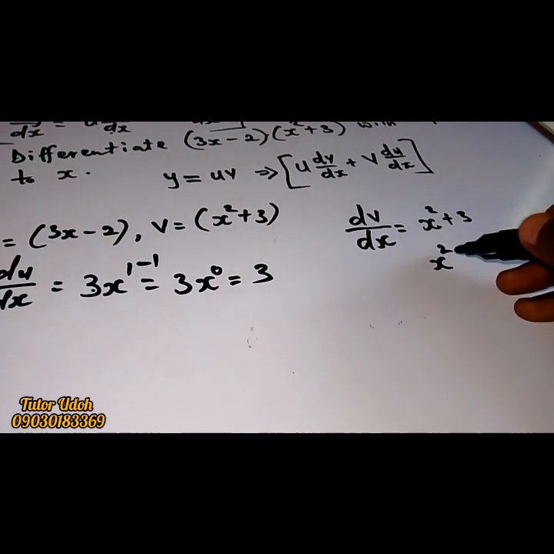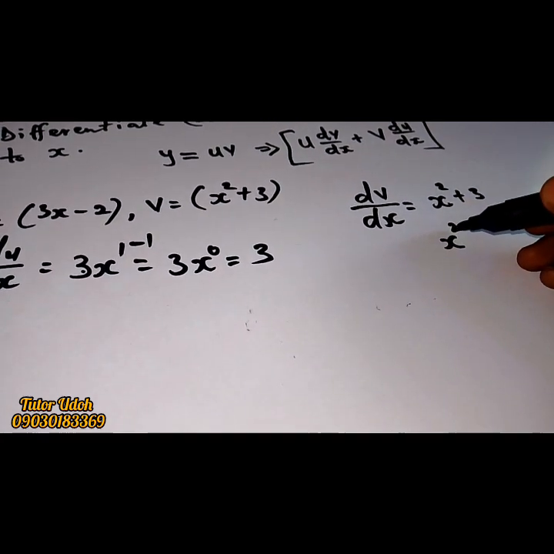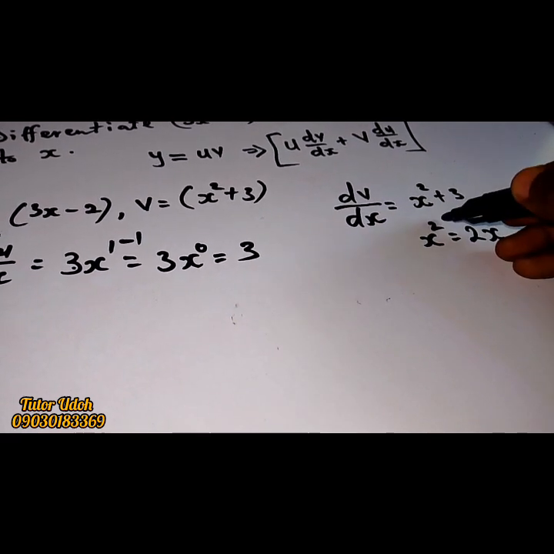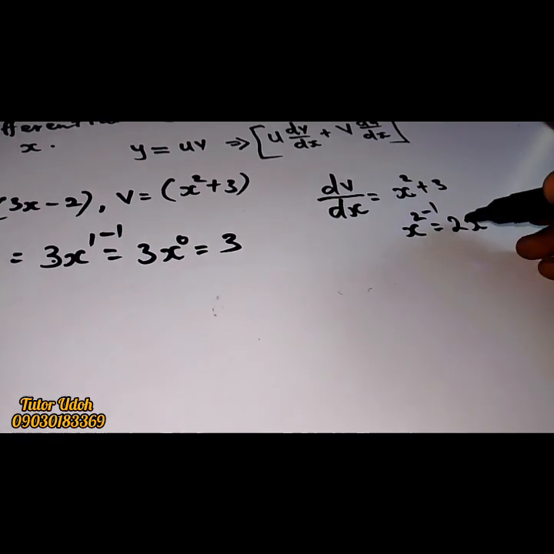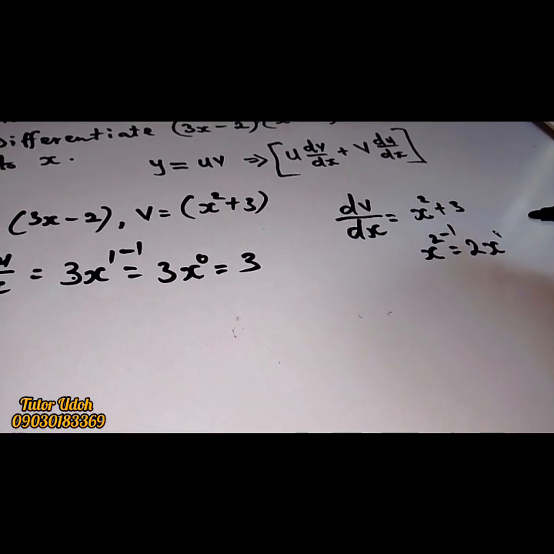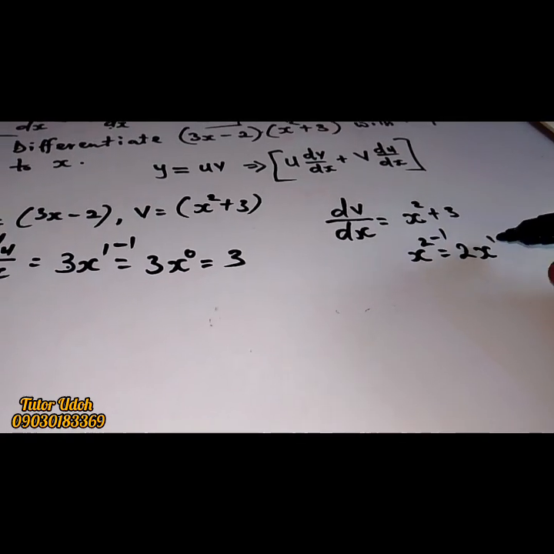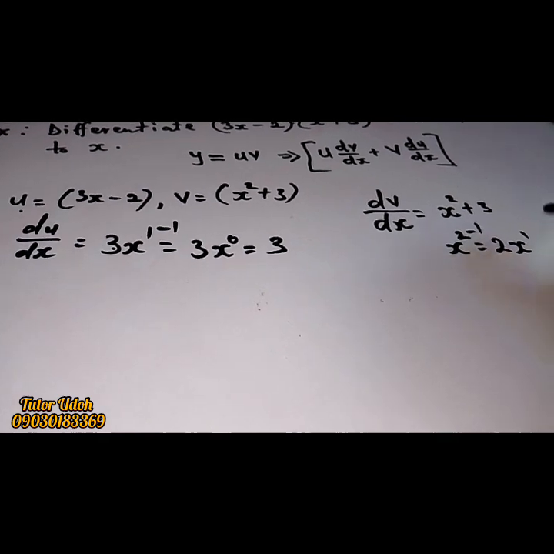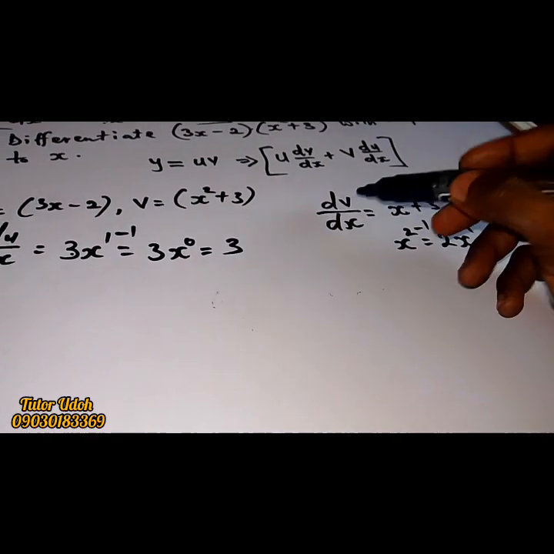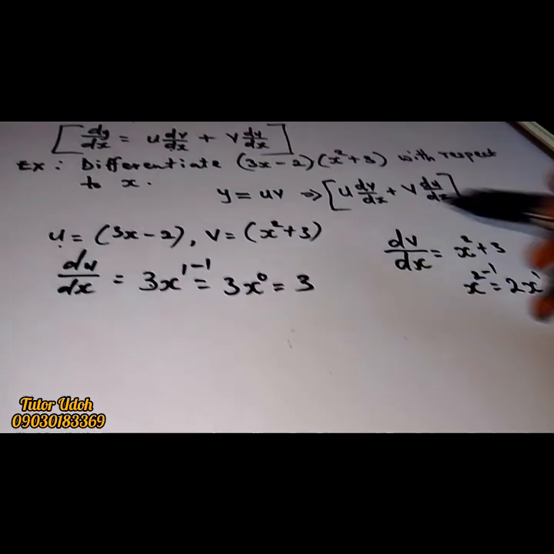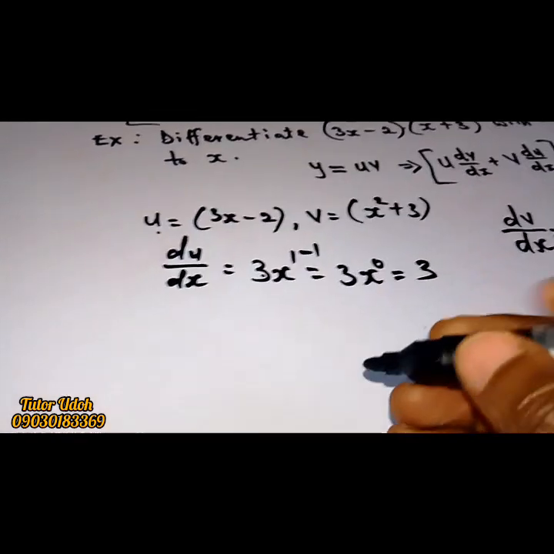If we have x squared, multiply this power of 2 by x, that will give us 2x. We subtract 1 from that 2, so that will be 2x. No need of writing 1, we know that anything raised to power 1 is that same thing, so that will be 2x. So we have seen that dv/dx is equal to 2x. So let's apply this product rule.